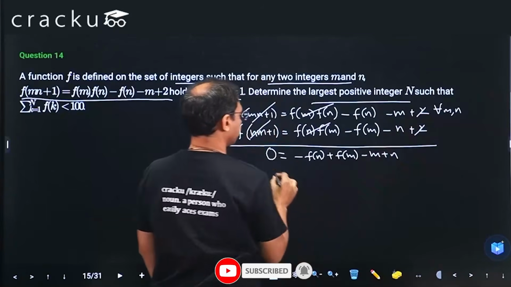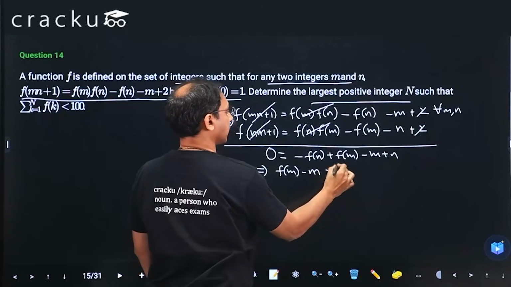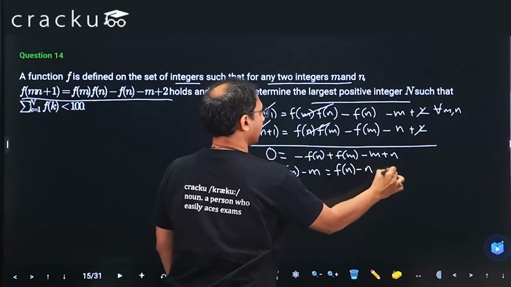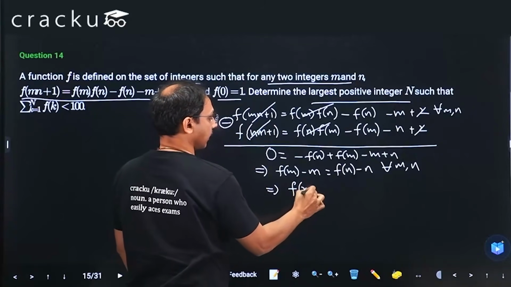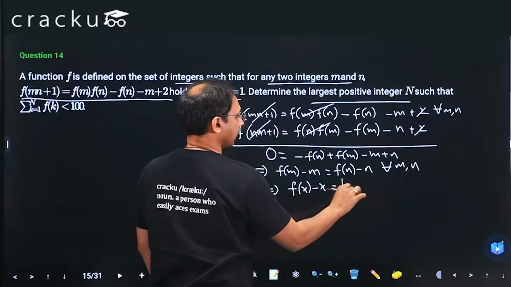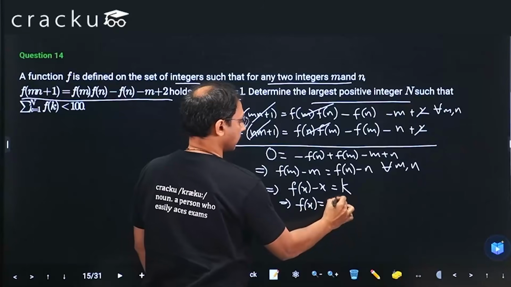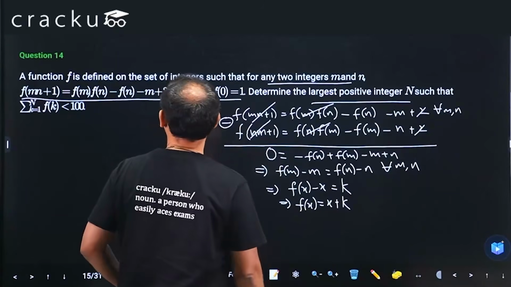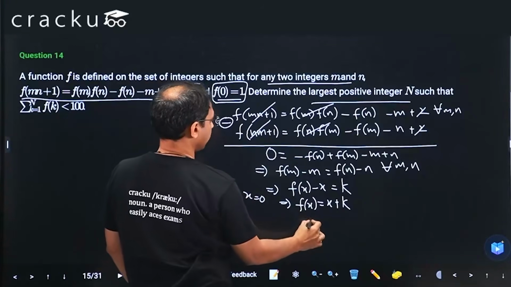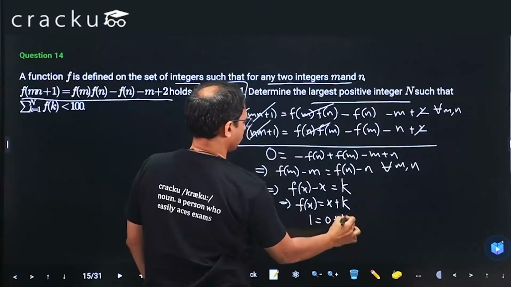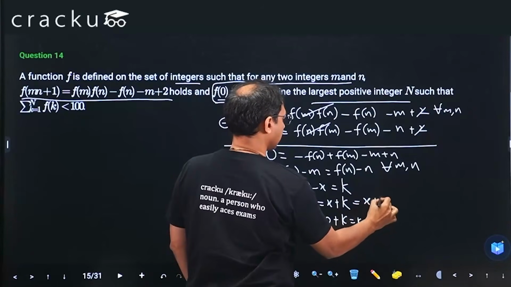Or f of m minus m is equal to f of n minus n for all m, n. That means f of x minus x is a constant, or f of x is x plus constant. We are given an initial condition, put x equal to 0 here, f of 0 is 1. So we got k equal to 1. So the function is x plus 1.